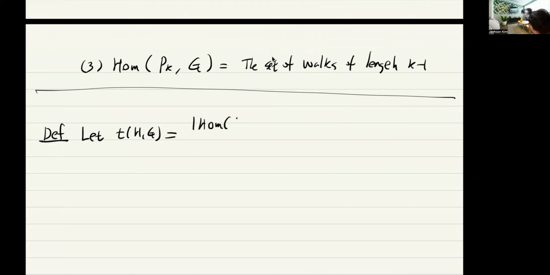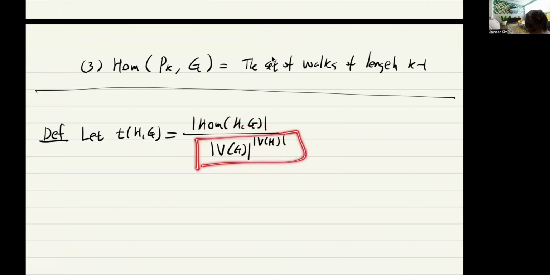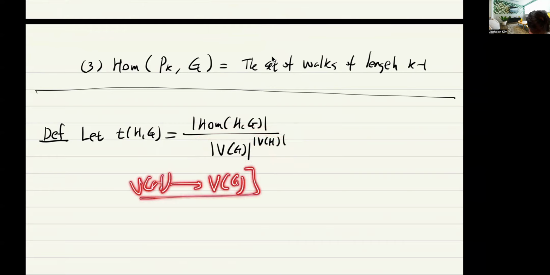So you count all the homomorphisms from H to G, and then you divide it by the number of vertices in G to the power of the number of vertices in H. So what is it? This is the number of all maps from the vertices of H to the vertices of G, and then this is the number of homomorphisms.